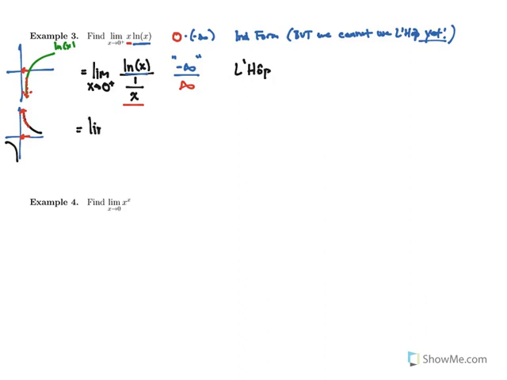So that means that we are going to take the same limit, but we're going to take the derivative of the top and the derivative of the bottom separately. And this is going to give us 1 over x, the derivative of natural log, and the derivative of 1 over x is negative 1 over x squared.